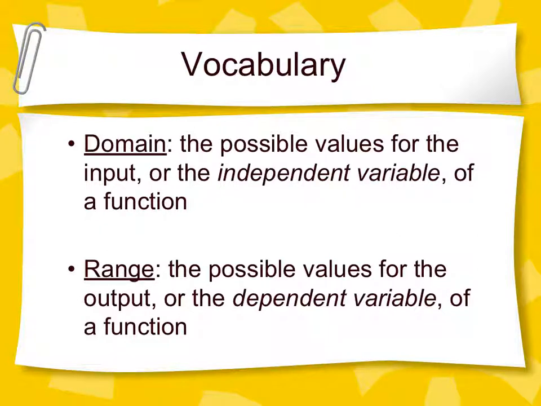Some other vocabulary, domain and range. These are just fancy names for our X and our Y, our independent, our dependent, our inputs, our outputs. And you'll hear all of those words kind of interchanged throughout the unit and throughout the year. There's two really, really fancy words, and as you're glancing through your book, see if you can find those.